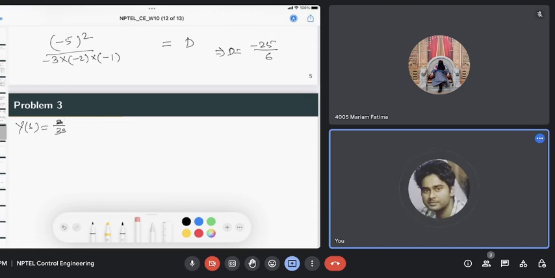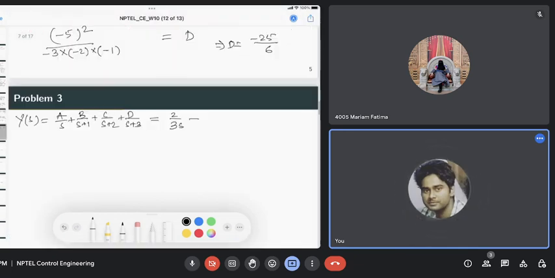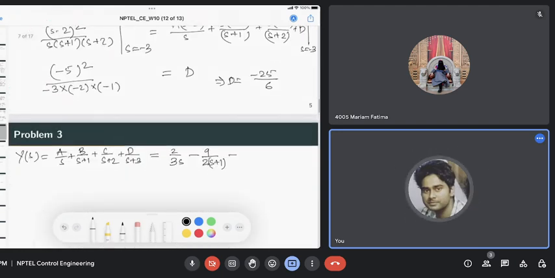That will be easier. So what form we had? A by s plus b by s plus 1 plus c by s plus 2. This is the form, and we found these ABCD coefficients, so we'll just put them. So it is 2 by 3 s, because a is 2 by 3, b is minus 9 by 2, so minus 9 by 2 s plus 1, c is 8, so plus 8 by s plus 2, and d is minus 25 by 6.